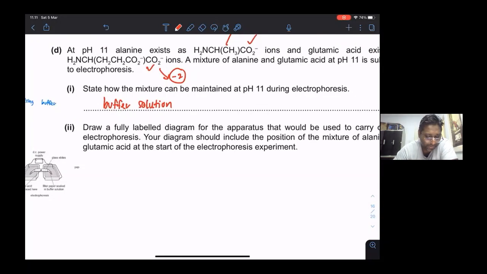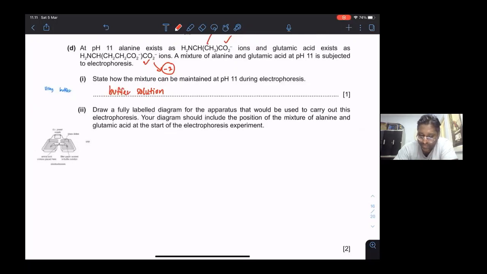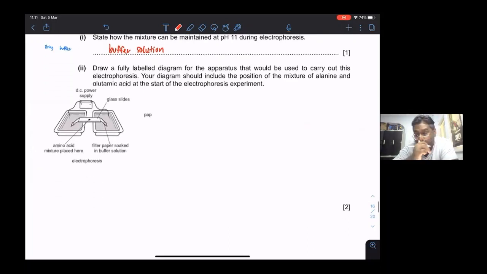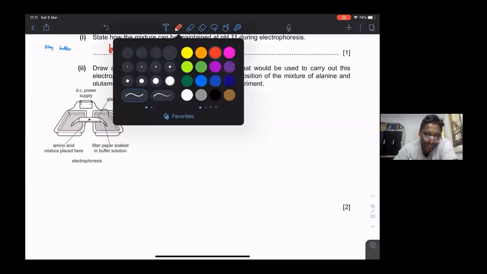Then draw a fully labeled diagram that can be used to carry out electrophoresis. This one you can find from past papers and so on. I've taken it from one of the past papers; this is actually suggested by CIE, Cambridge. You can draw something like this, or you can simplify your diagram depending on how you want to draw.